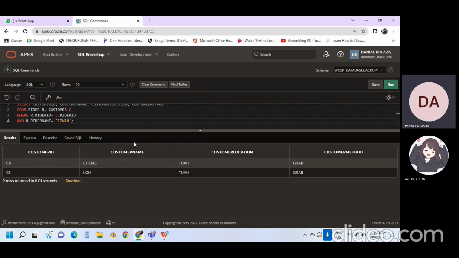So the customer IDs will be C6, customer name will be Cheng, customer location is Tuah, and the customer contacted the rider using the method grab. For customer ID C3, customer name is Loh, customer location is also in Tuah, and customer method is also using grab.